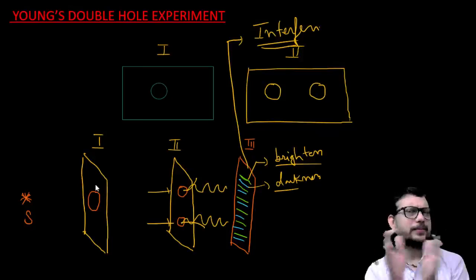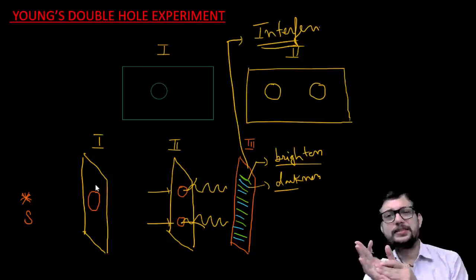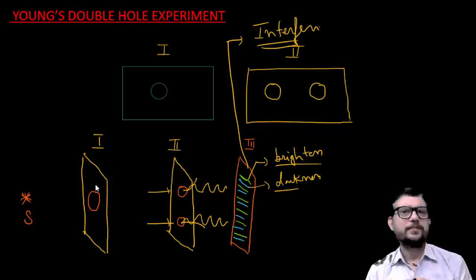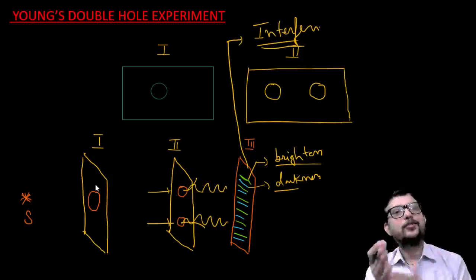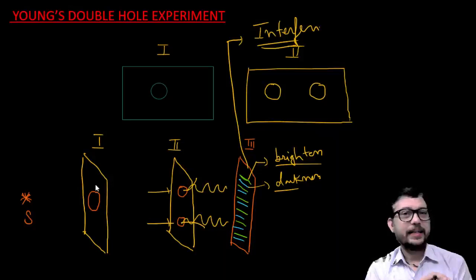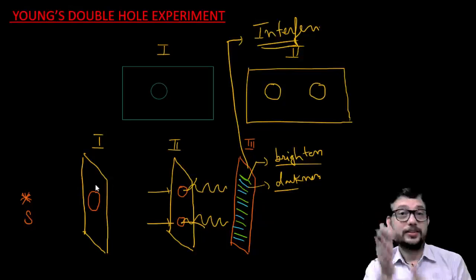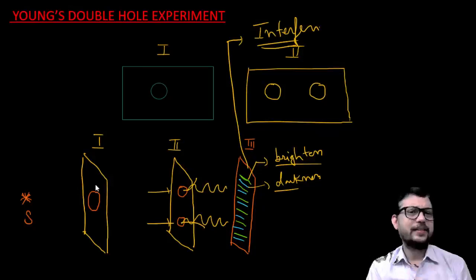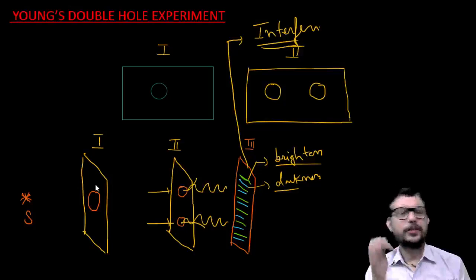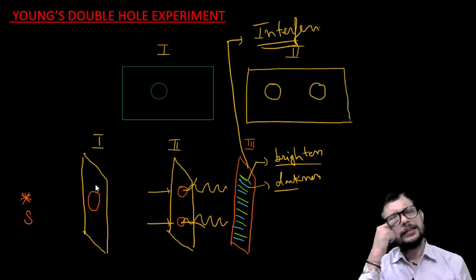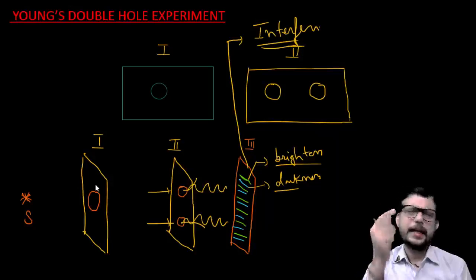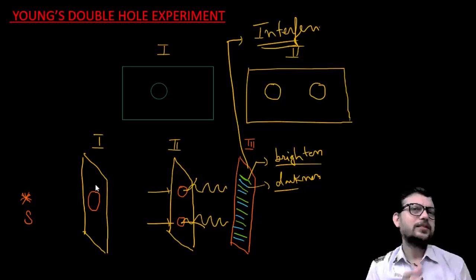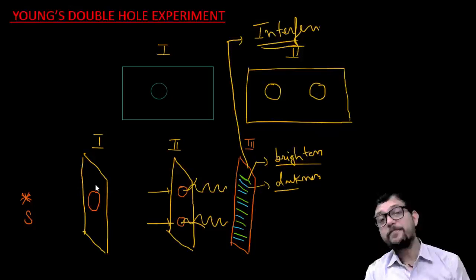A quite similar concept is followed by Young in his experiment. He took the first cardboard and assumed it as the primary wavefront, and the second cardboard having the two holes as the secondary wavefront.